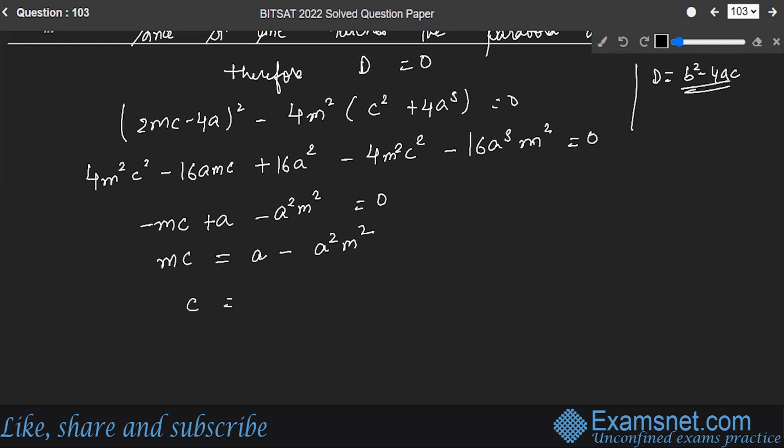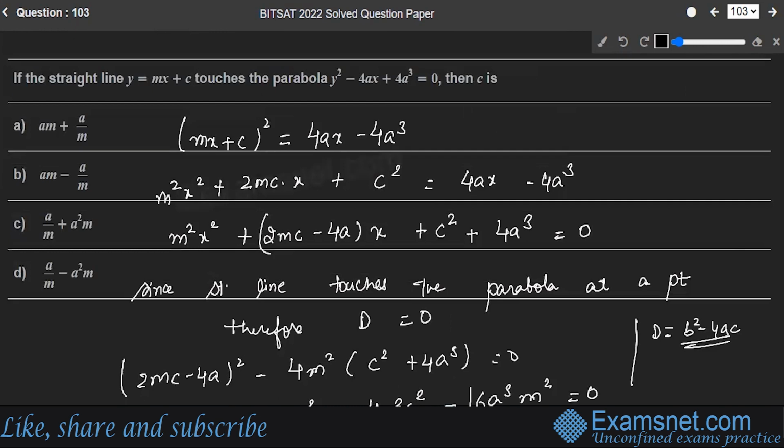So c will be equal to this upon m. Okay, so this is the value for c. Let's check with the options now. Here you have option D is the right answer.